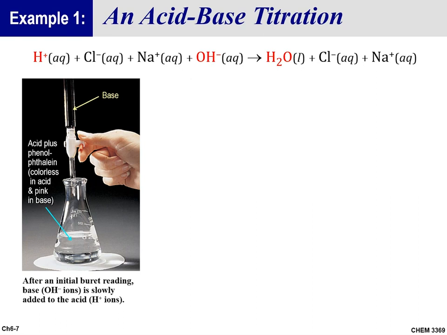So initially we have an acid solution, that's our analyte, plus the indicator, which is phenolphthalein, okay? So this solution is going to be colorless. This flask is clear.